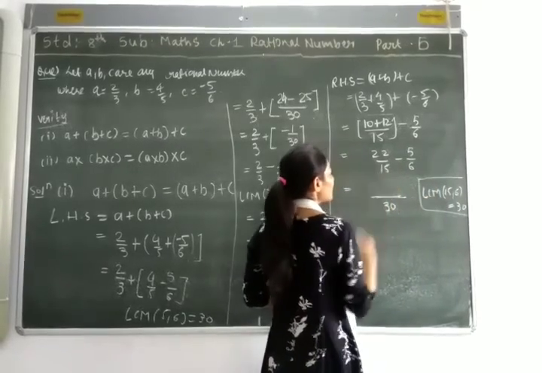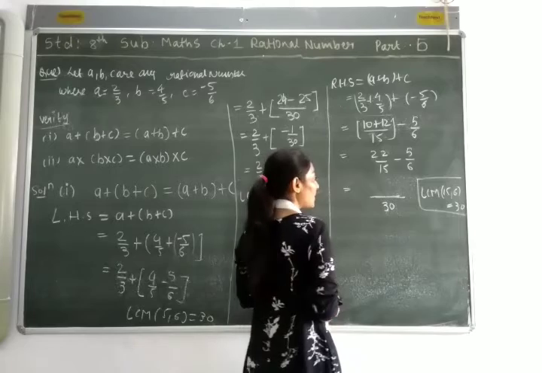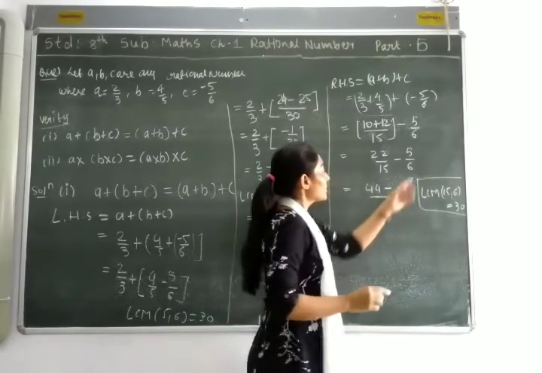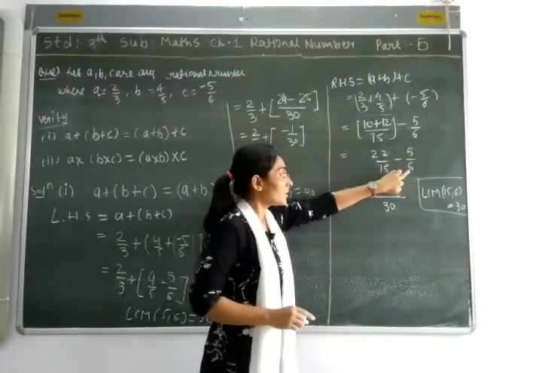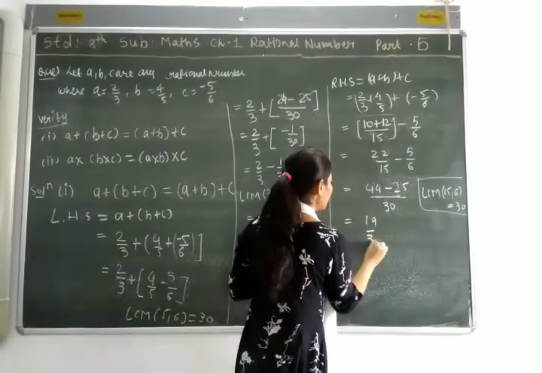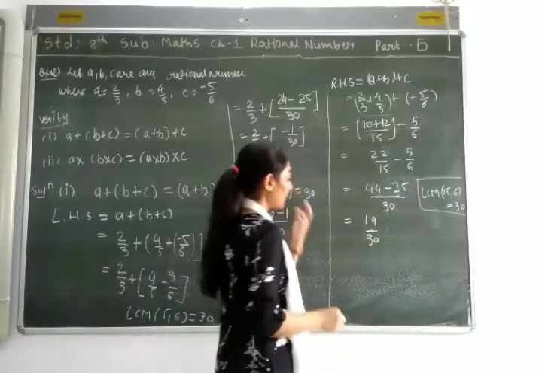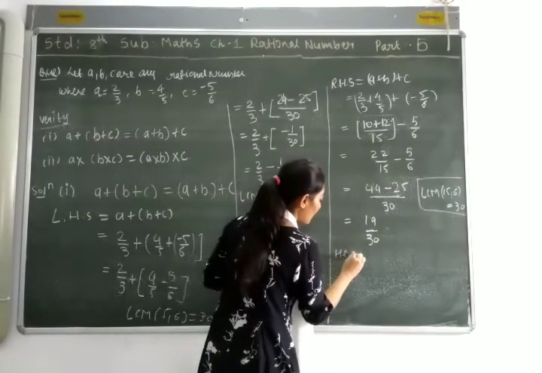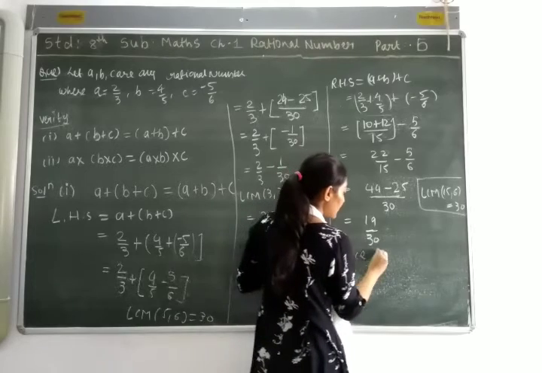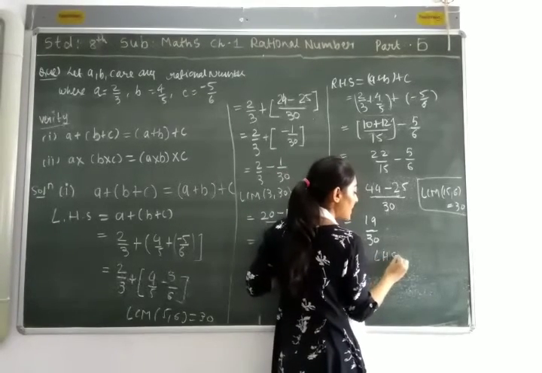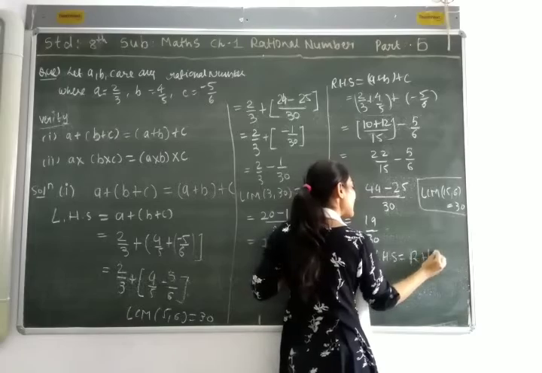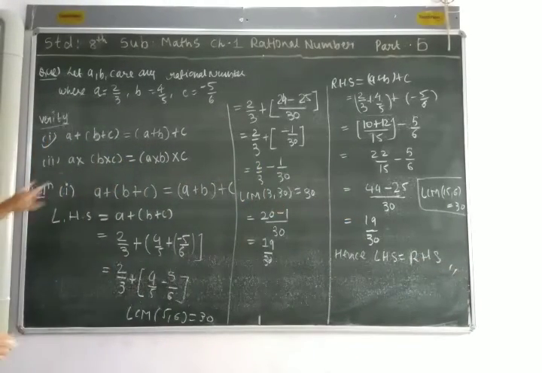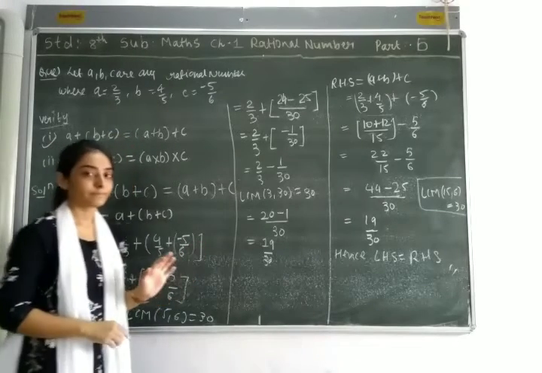To make this 30, we have to multiply with 2 because 15 twos are 30. So the 44. Here with 30 we get 19 upon 30 only. Hence the left hand side is equal to my right hand side. So the first one is verified that both are equal in value.